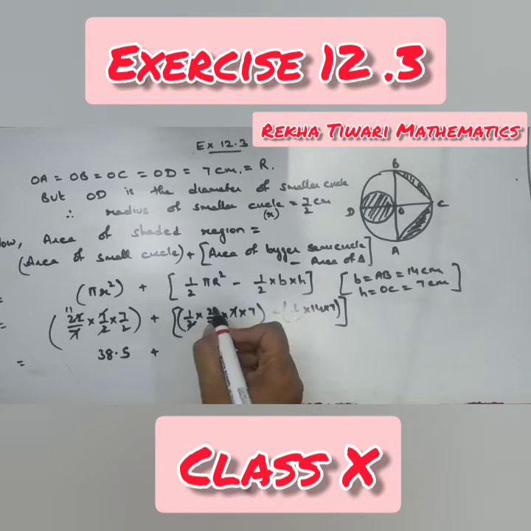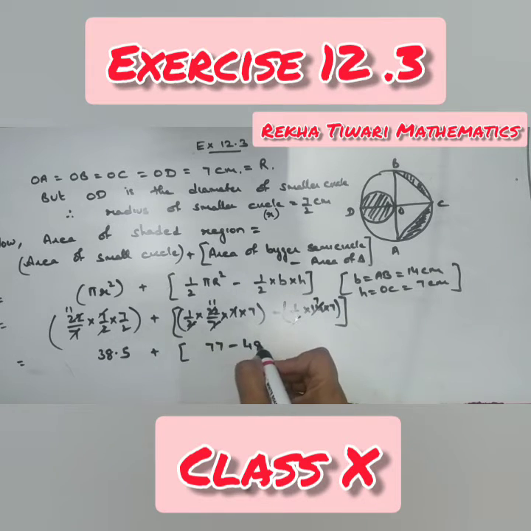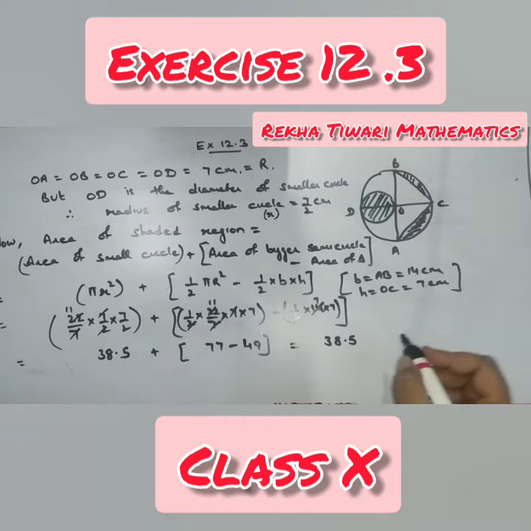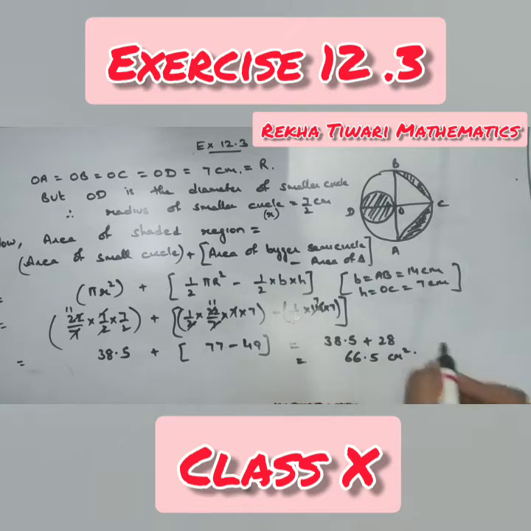If you cancel here, you will get 77 minus 49. So this is equal to 38.5 plus 28. And this gives you 66.5 centimeter square. So in this way you have to calculate your answer.